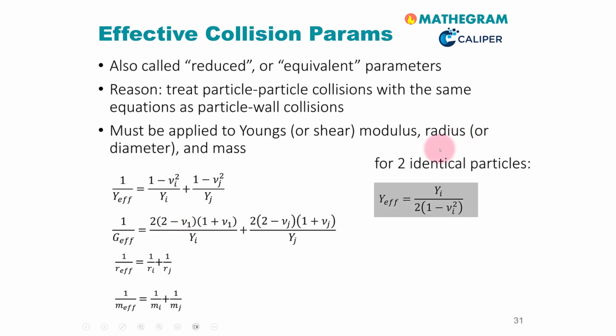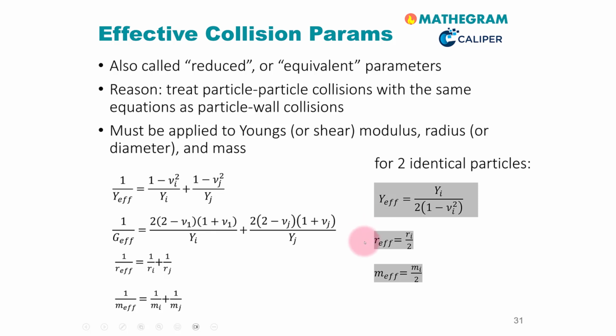Good. For two identical particles, well, if i is j, you will find, and this is also important, that the effective Young's modulus, for example, is the Young's modulus of the particle's material divided by 2 multiplied by 1 minus nu i squared. So this is not the velocity, this is the Poisson ratio as you will find it in the nomenclature.